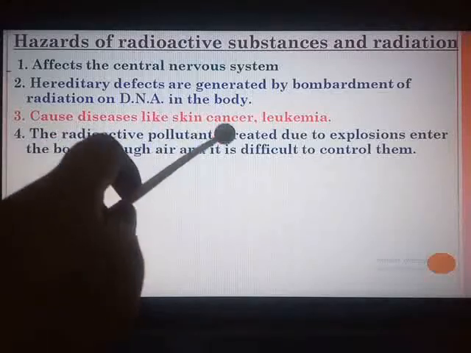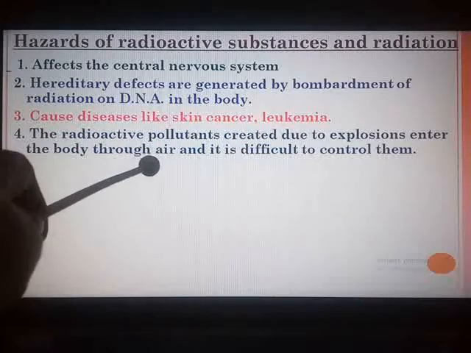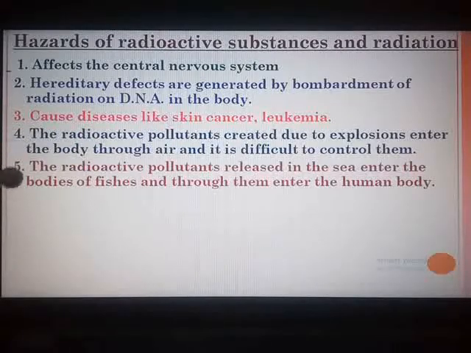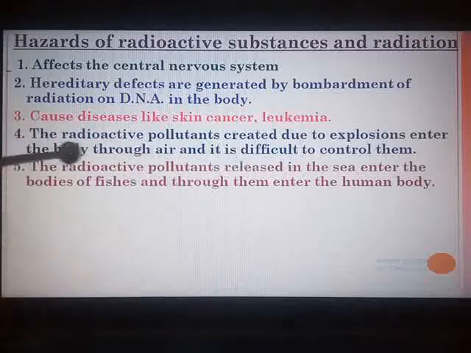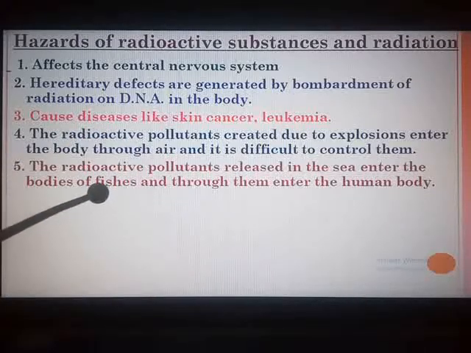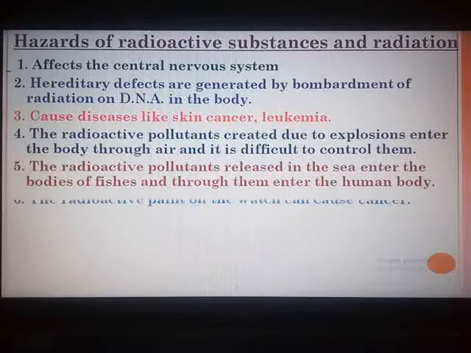Radioactive pollutants created due to explosions enter the body through the air, and it is difficult to control them. Radioactive pollutants released in seawater enter the bodies of fishes, and when these fishes are consumed by human beings, they enter the human body and cause harm to us.